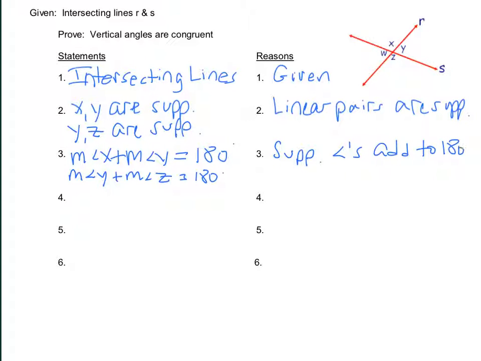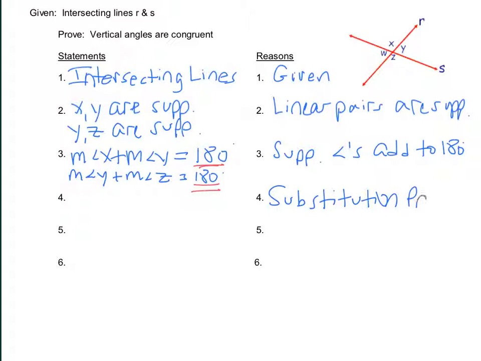Pardon my messy handwriting. So where does that leave us? If you notice, I have 180 degrees here and 180 degrees here. We've said in class that when we have the right side being a match, then the left side has to be a match by substitution. So we know the next step is going to be substitution. It's okay to write the reason first.